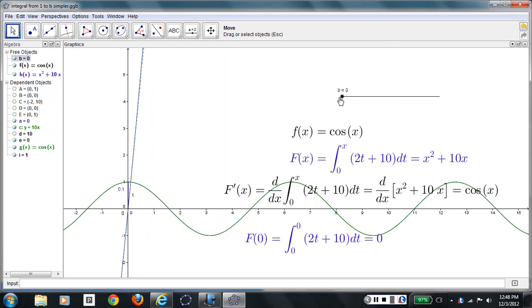And at 0, if I increase the x value by 0.1, it increases the area by 1.01.